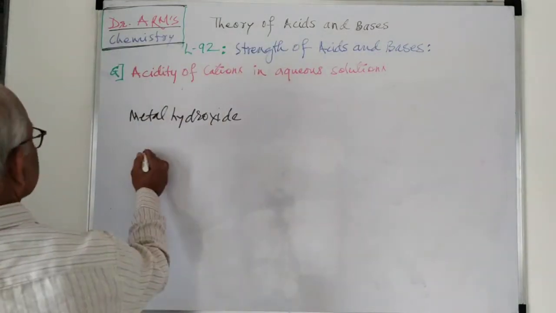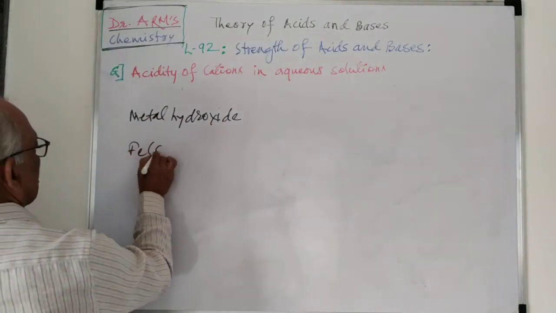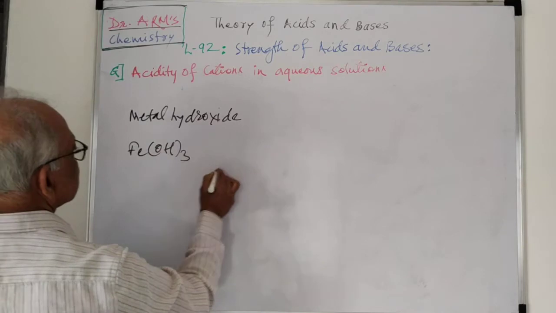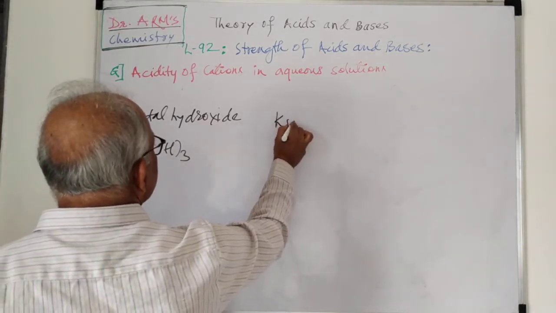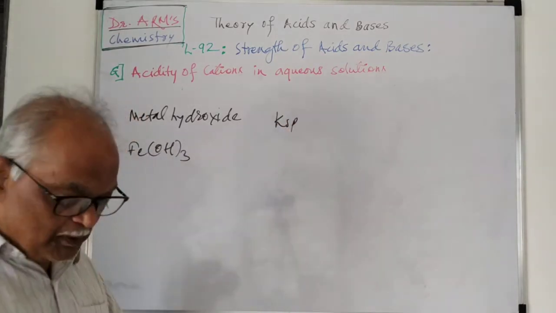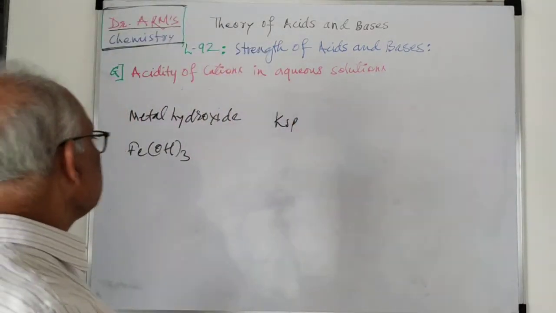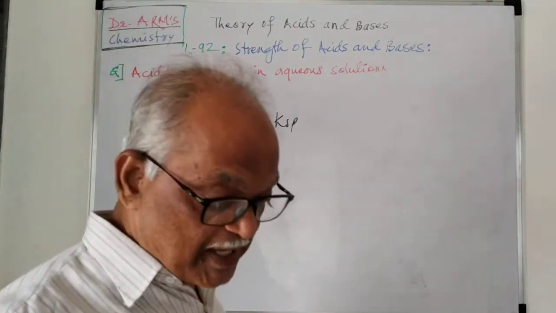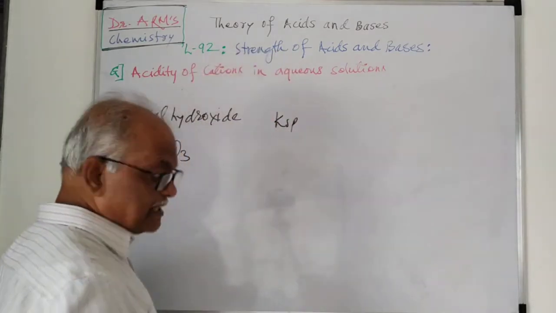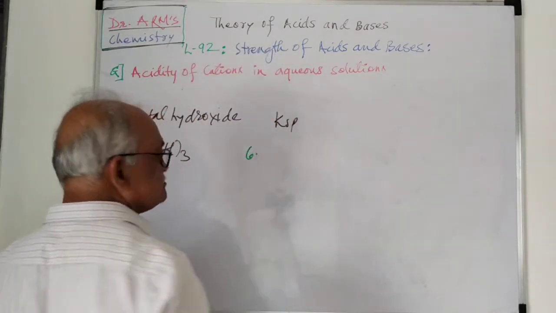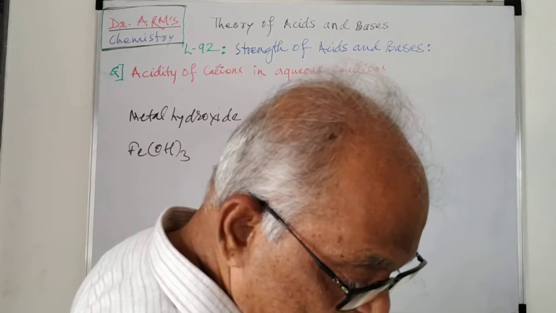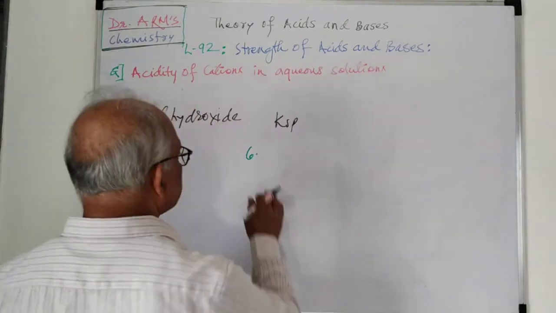So the Fe(OH)3, here we are considering the Ksp values, the solubility product values. You will find that in the case of Fe(OH)3, the value is 6 into 10 raised to minus 38.